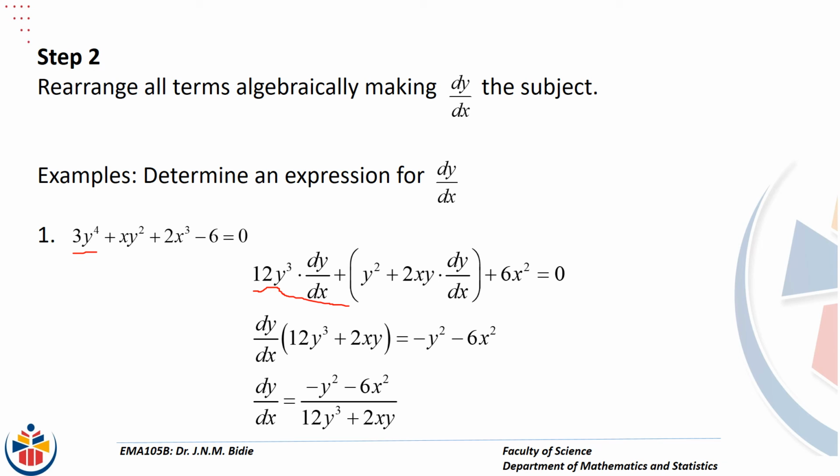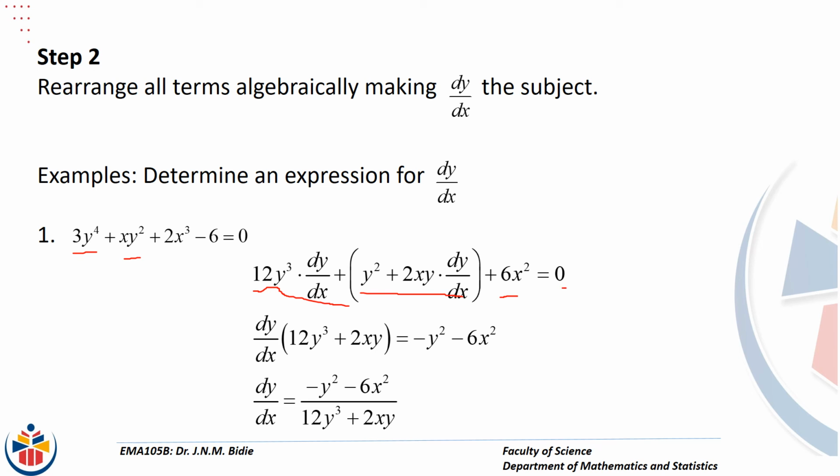And then the derivative of x y squared, we use the product rule, and it gives us y squared plus 2xy times dy over dx. And then the other two terms, 2x cubed minus 6, they just give you 6x squared. The right hand side is 0.